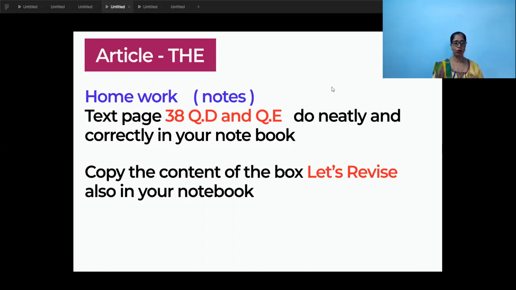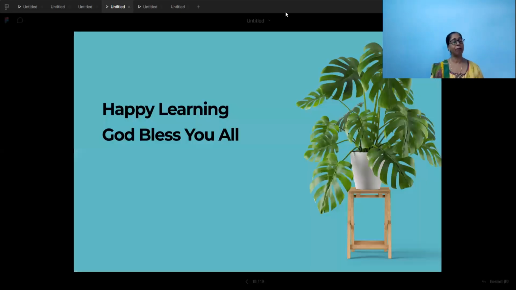And also copy the content of the box, which is given as let's revise. Remember, it's given in the textbook as well as I have shown in the video. So that too you will copy in your notebook. So do this homework and keep your notes completed, students. Textbook as well as notebooks have to be completed.